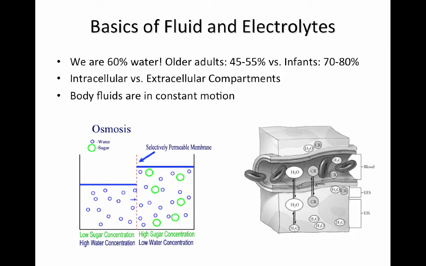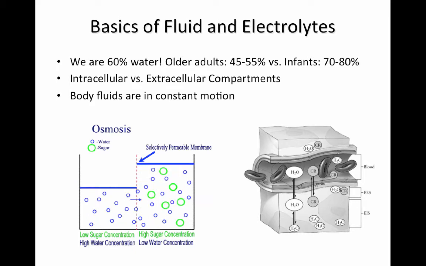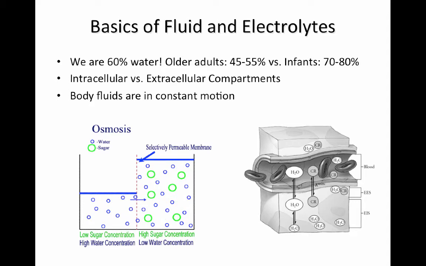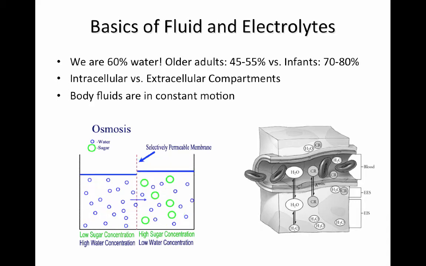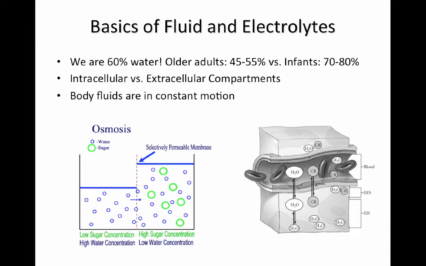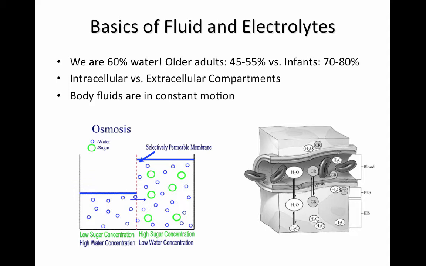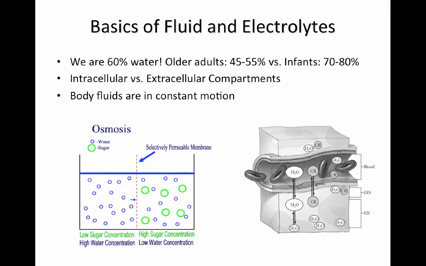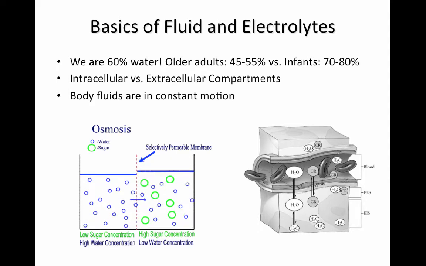So the older adult, the elderly patient, has a little bit less total body water, so they are more at risk for becoming dehydrated. They get dehydrated a lot faster, whereas the baby is made up of more water, so they don't get dehydrated as quickly.